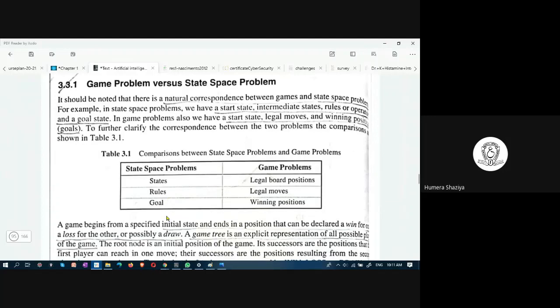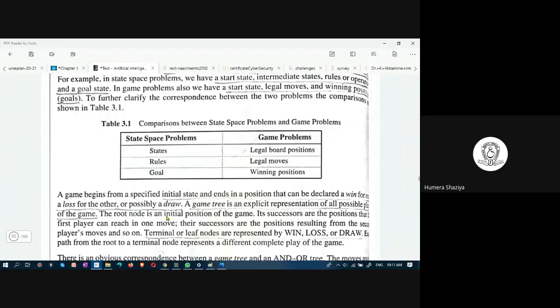A comparison is presented in this table: state space problem and game problem. In a state space problem, we have states, rules, and goal. Game problems would have legal board positions, legal moves, and winning positions.